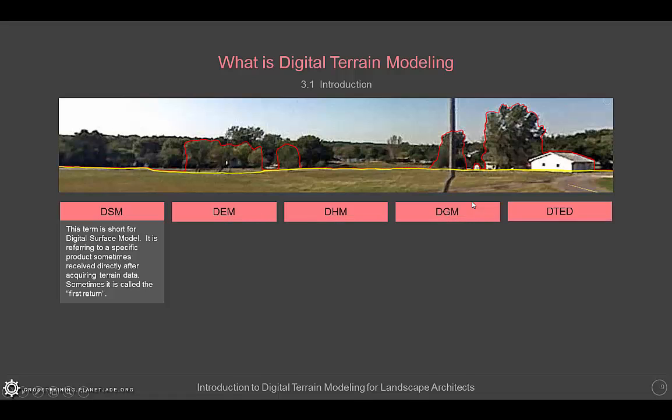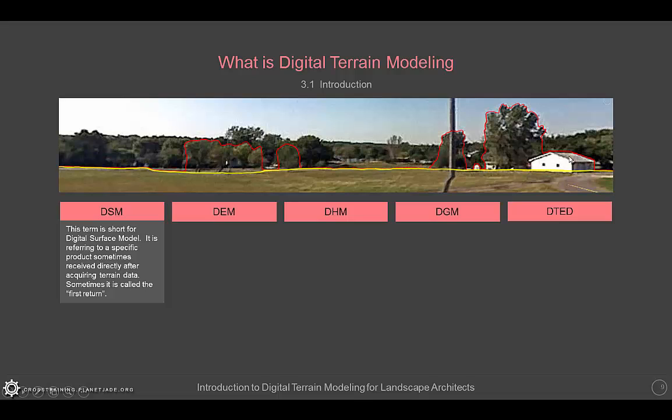And then there are 4 other terms used to reference something a little bit different. And that is this yellow line that is across the screen here. This yellow line represents the bare earth. Sometimes we call it the bare earth, or a DEM, a digital elevation model. This is where we are removing all of the objects on the terrain, and we're only concerned with just the earth. That would include the building.